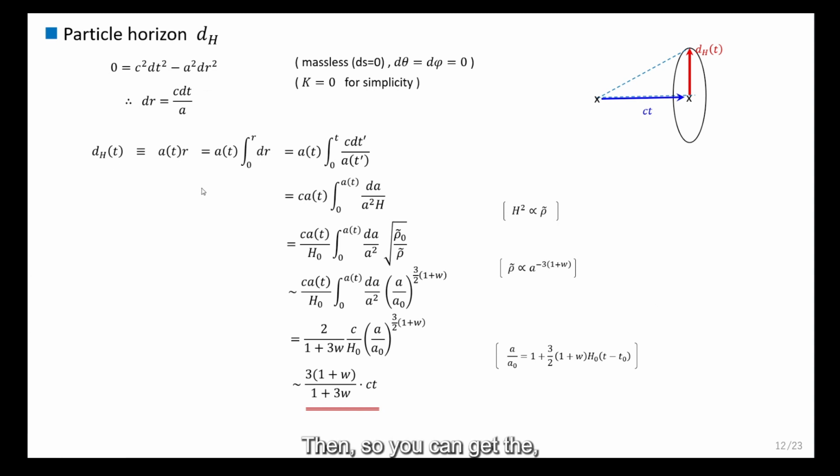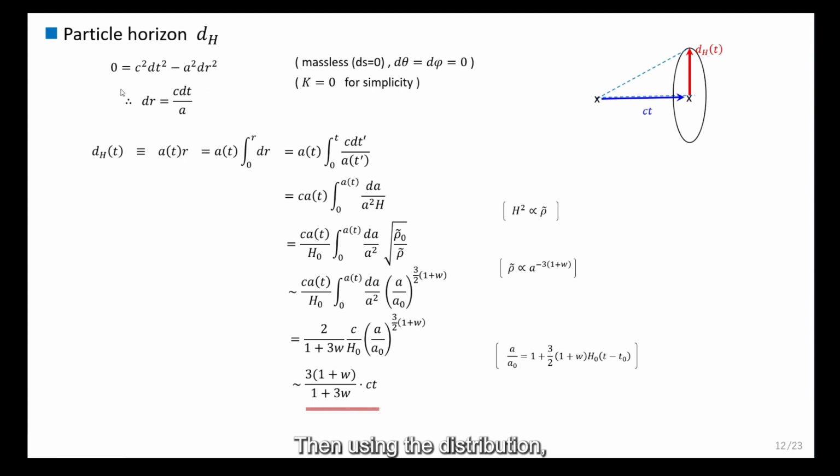Then you can get the line element times the scale factor, because this r does not have the physical meaning, but if we want to get the physical length, then the comoving length with the scale factor gives the physical length. So the particle horizon is given by like this. Then this r is just an integration of the line element, the radius element.